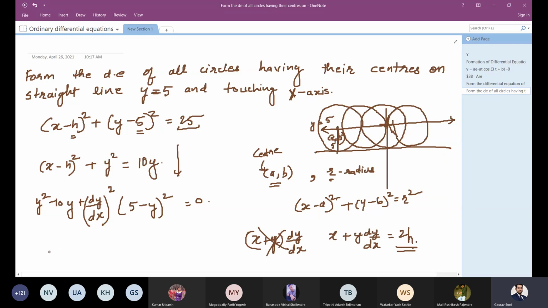Okay. I think this is the same thing as y minus 5 whole square into 1 plus dy by dx whole square equals 5 square. I guess yes. Yes, sir, it is correct.